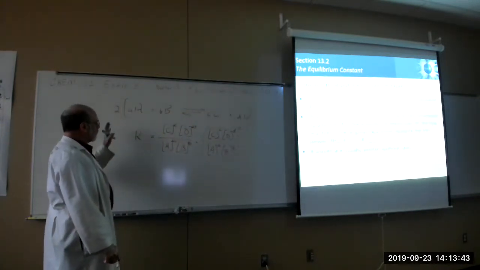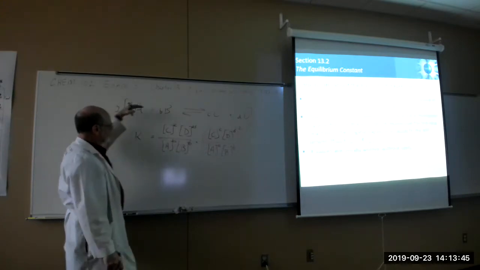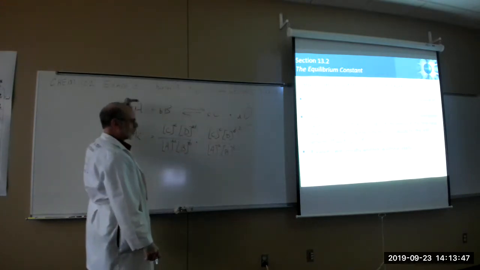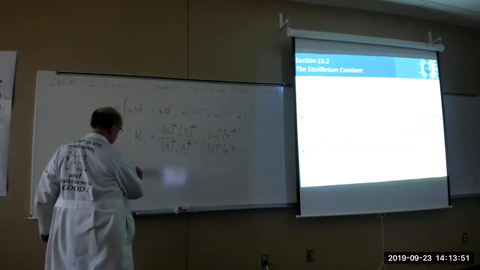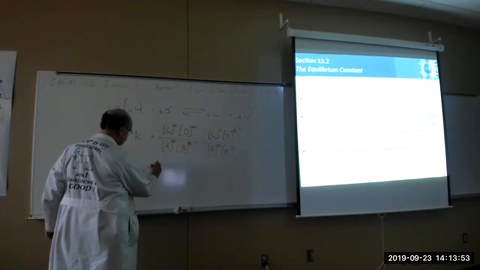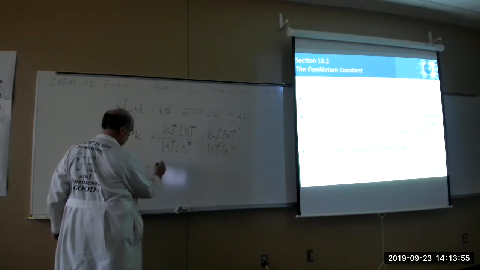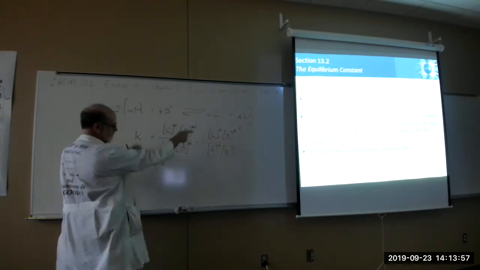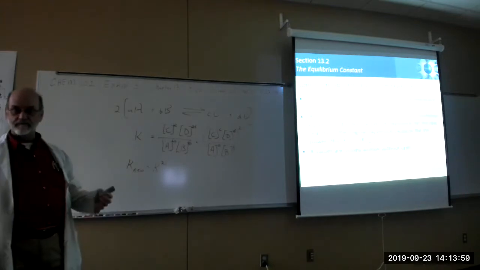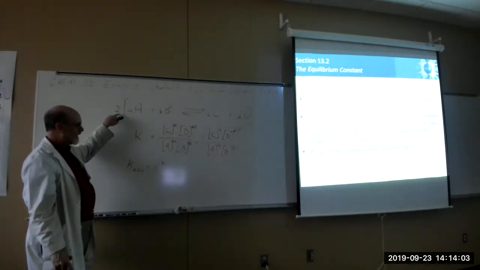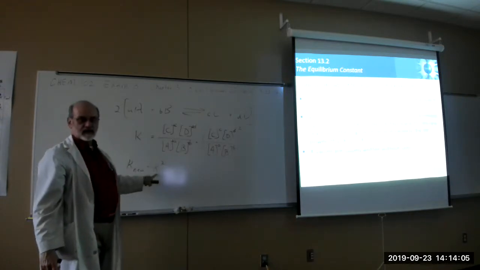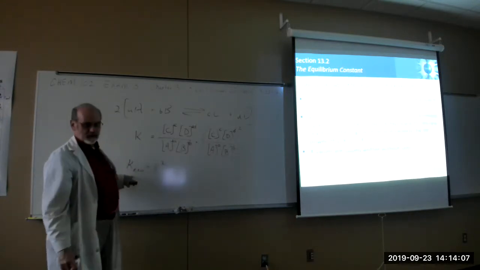So when you multiply through by a constant through the entire expression, then the new K is equal to K to the power, in this case, K squared. So when you multiply the whole thing through by a factor, that factor becomes the power of the old K to give you the new K.